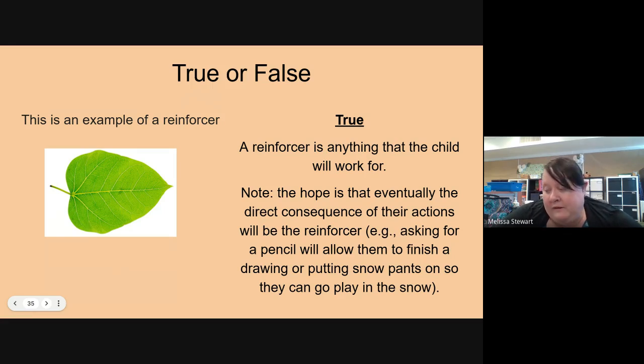Now, the hope is that eventually the direct consequence of their actions will become the reinforcer in time. So, for example, asking for a pencil to finish a drawing or putting on snow pants so they can go outside to play in the snow, the direct consequence of them asking for those activities is that they're able to do it. But this could be an example of a reinforcer. Again, like my little guy who really, really loved brooms, and that was an example of his reinforcer.